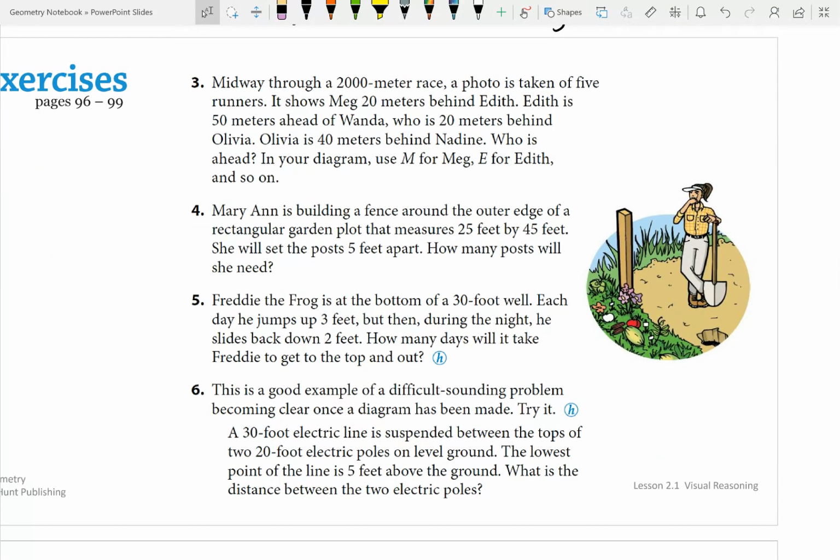Okay. Next question, number 3. Midway through a 2,000-meter race, a photo is taken of 5 runners.